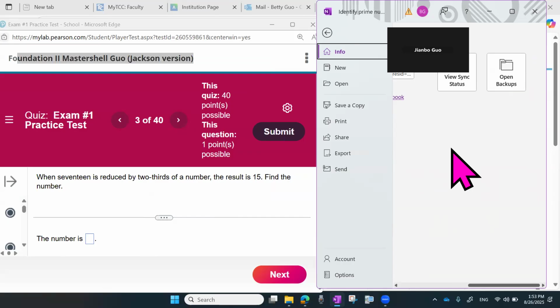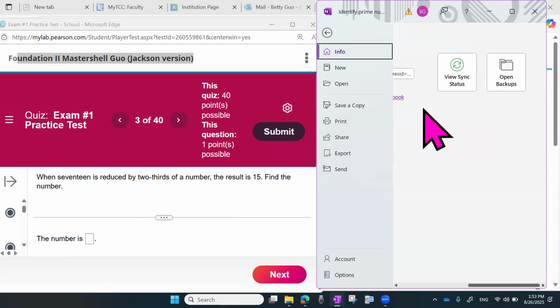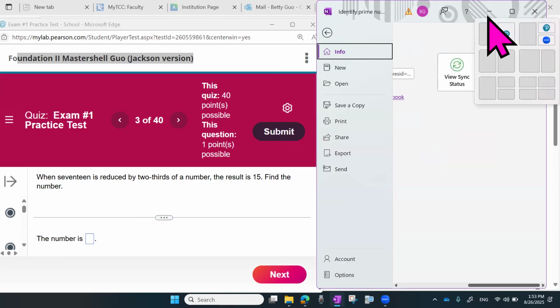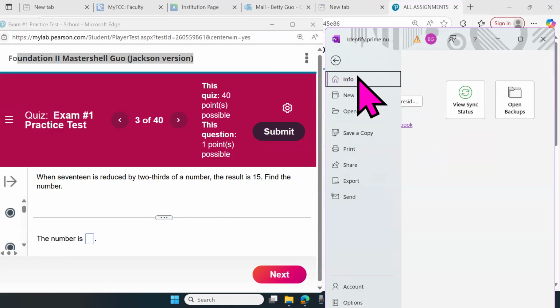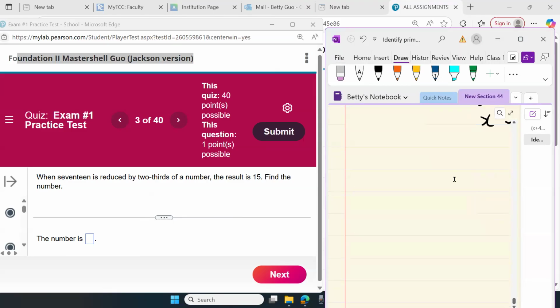All right. So when 17 is reduced by 2/3 of a number, let's say the number is x, the result equals 15.